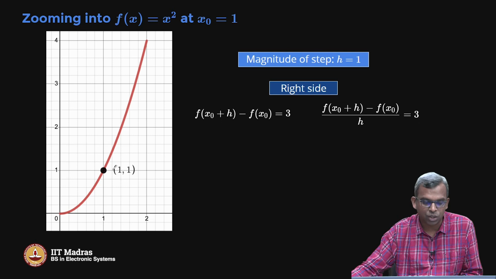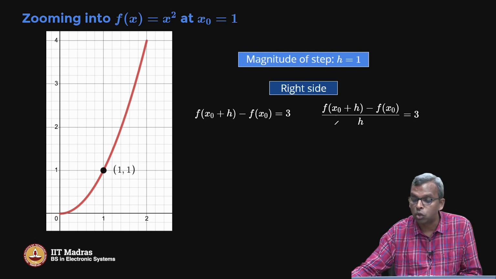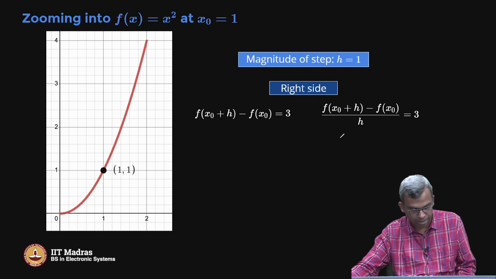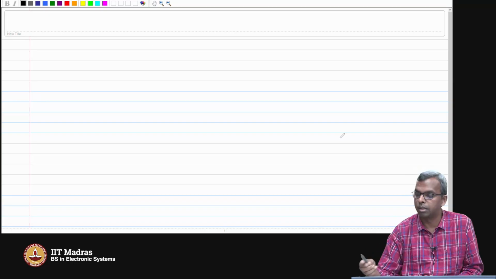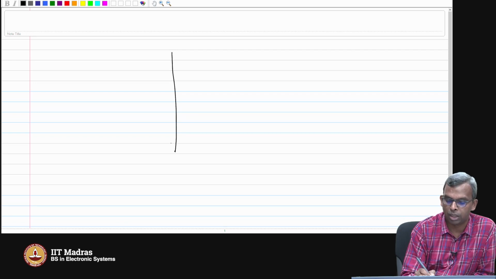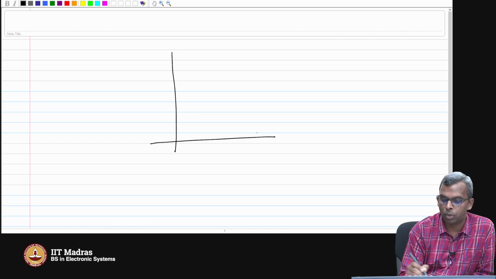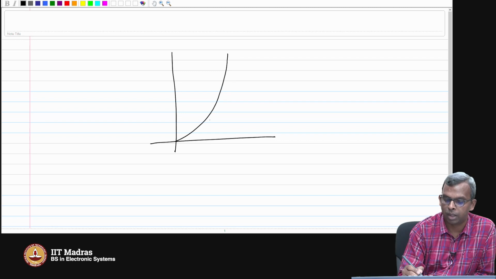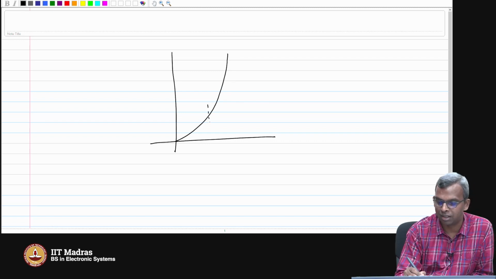If you join 1 comma 1 with 2 comma 4 by a straight line, even though the curve also joins these two points, then this quantity is the slope of that straight line. Let me illustrate this with my own little diagram. I have the y equals x squared curve, drawn more accentuated here.